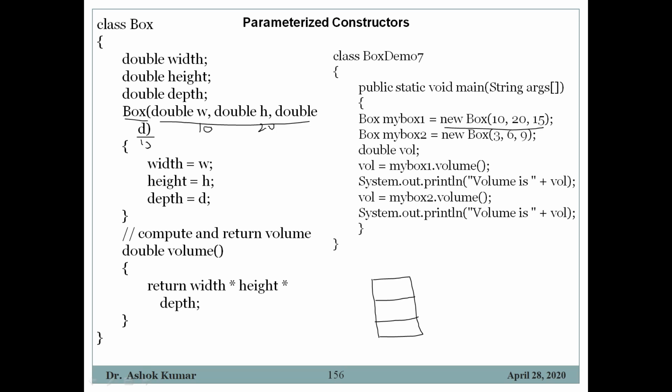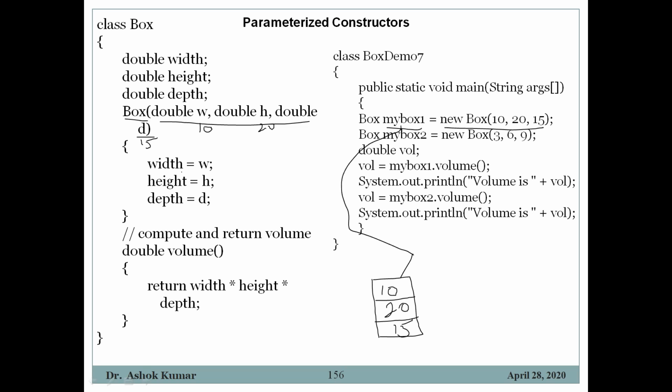After passing the values to the parameters of the constructor, the body of the constructor will be called. This will initialize width, height and depth with these three values. So these values will become 10, 20 and 15. After that, this is not returning anything, but this object reference will be assigned to the variable on the left hand side. So this variable will start referring to this, right?